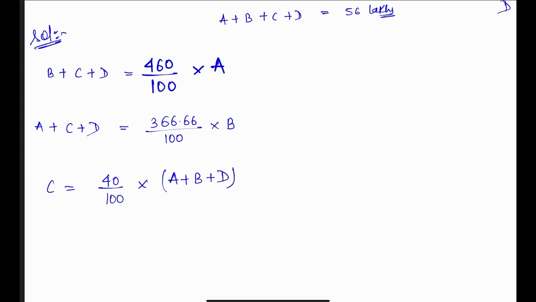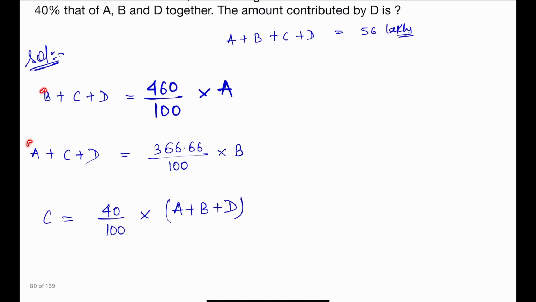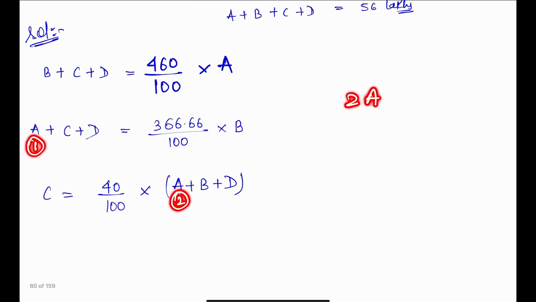If I notice rightly, A is here once, A is here twice, so there are 2A. B is here once, B is here twice, so there are 2B. C is here once, C is here twice, so there are 2C also. D is here once, D is here twice.